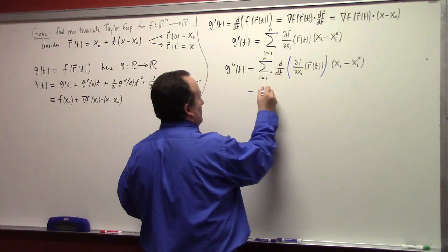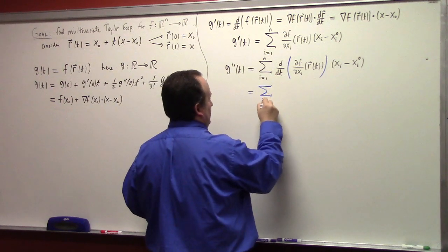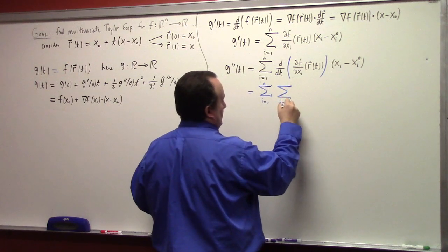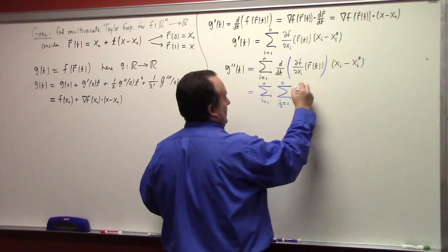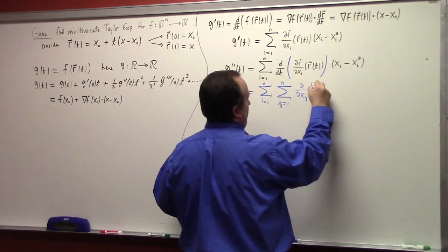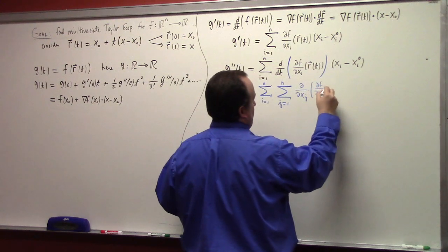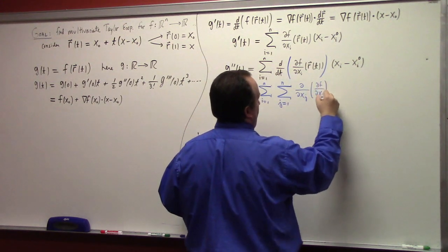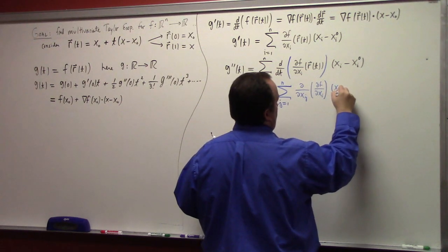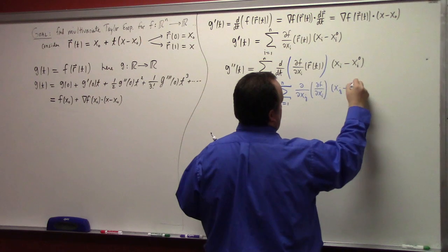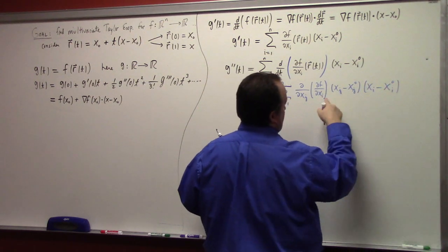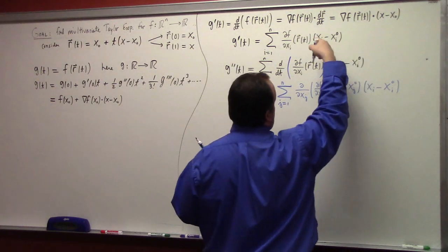I've got the sum over i equals 1 to n, the sum over j equals 1 to n, and I'm going to have partial x sub j of partial f partial x sub i, times x sub j minus x sub j naught, because that's the dr/dt term.